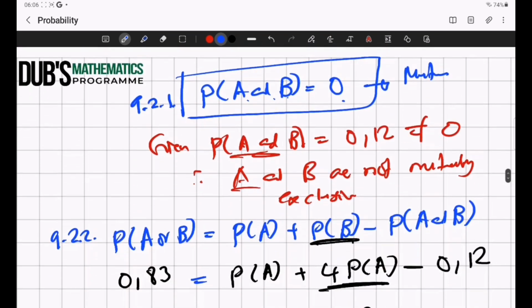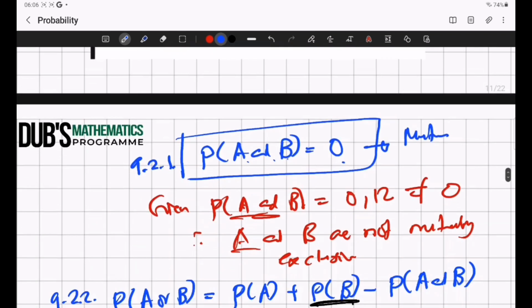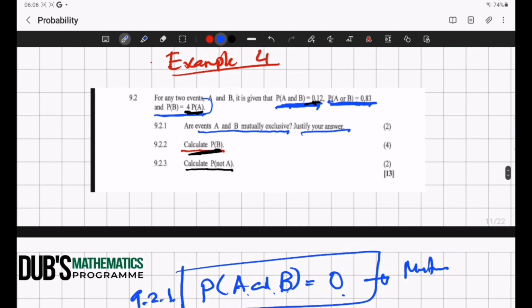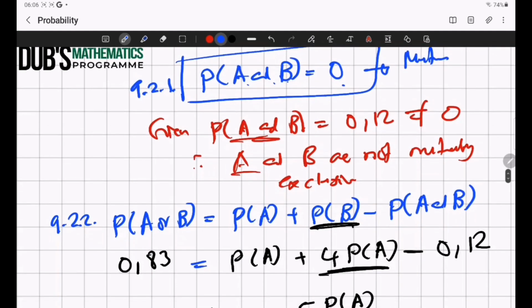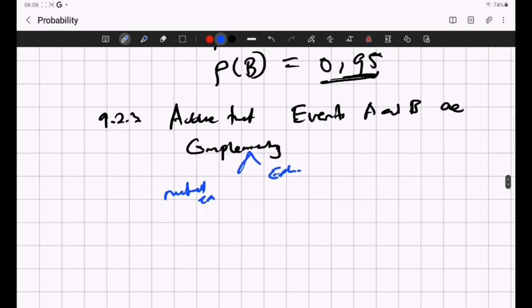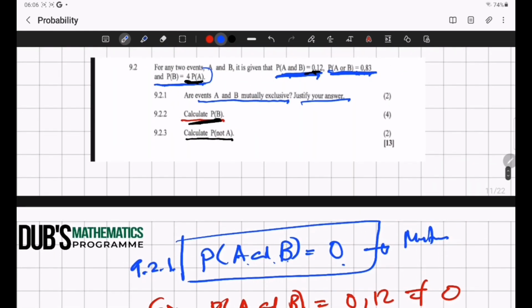Actually, they are not mutually exclusive. They are not in this case. That is very interesting. The question might have an error because these two events are not even mutually exclusive, so they can't be complementary. But it's fine, you can just assume that they are complementary and just see how we do that if they were complementary.